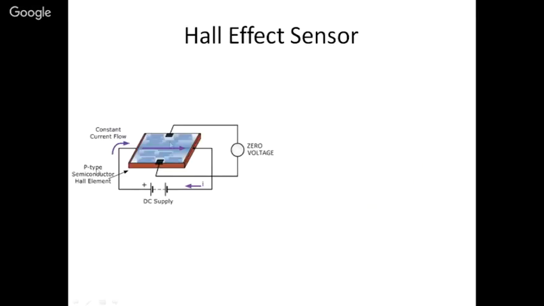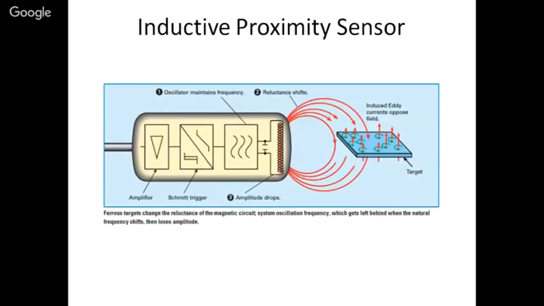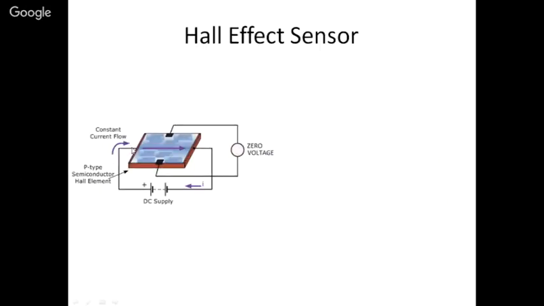Now, if we try to measure the voltage in a transverse fashion, obviously there will be no voltage because the potential drop is occurring across these two faces and not across these two faces. So if we try to measure a transverse voltage, we will get a 0 volt output.